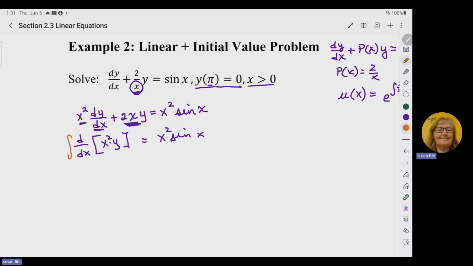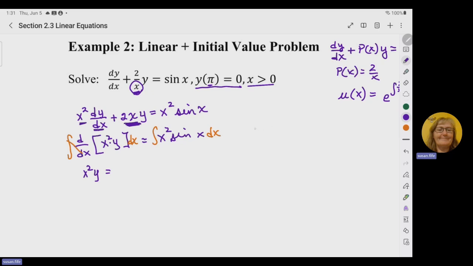We'll integrate both sides with respect to x. That gives me x squared y equals the integral of x squared sine x.